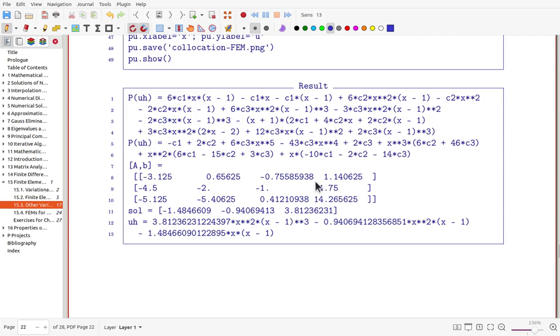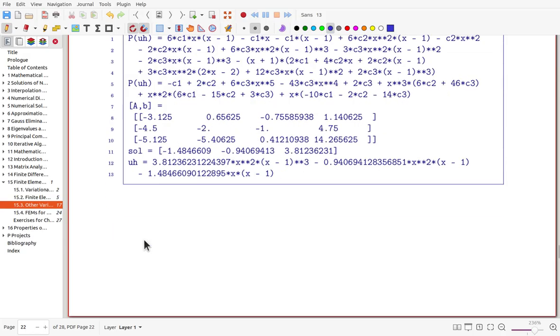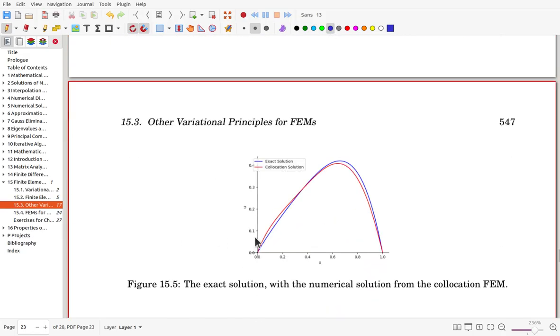In fact, I also attached b over there, and after finding the unknowns psi 1, psi 2, psi 3, we substitute these values here, here, and here. In this way, we get u sub h, and now the plot is made.